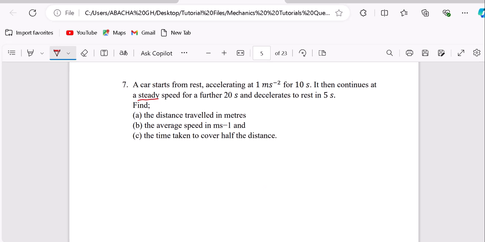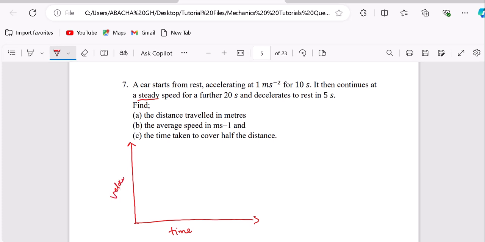Okay, so here we can decide to use a sketch, and we can sketch it. So by sketching, we'll have a velocity time graph, because it's about velocity and time. So this is our time.